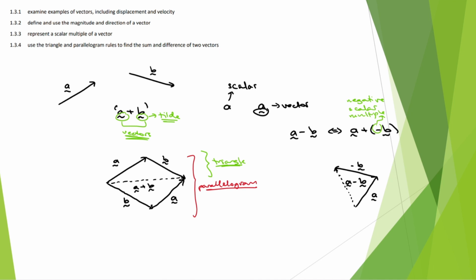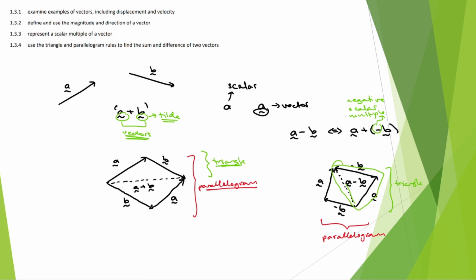Okay, and so again, this is a triangle. And if I invert my vectors like this, I have my negative b, I have my a up in this direction. Then this forms, as before in vector addition, a parallelogram. It's a badly drawn parallelogram, but there's the triangle, as you can see.